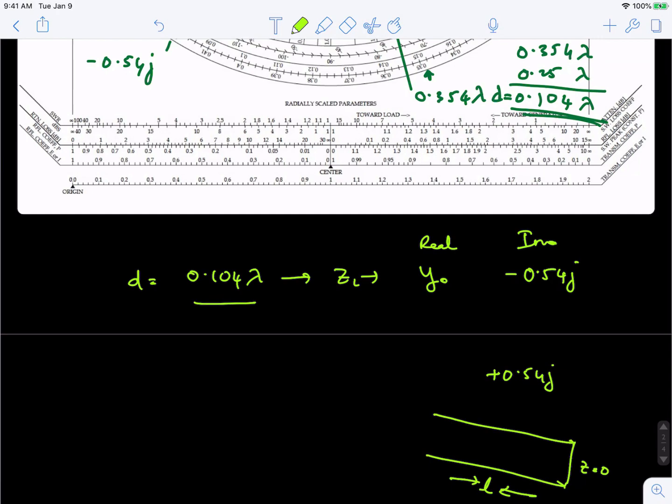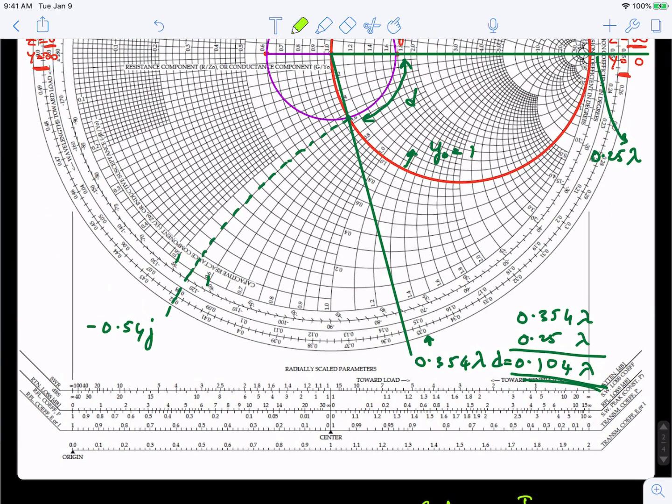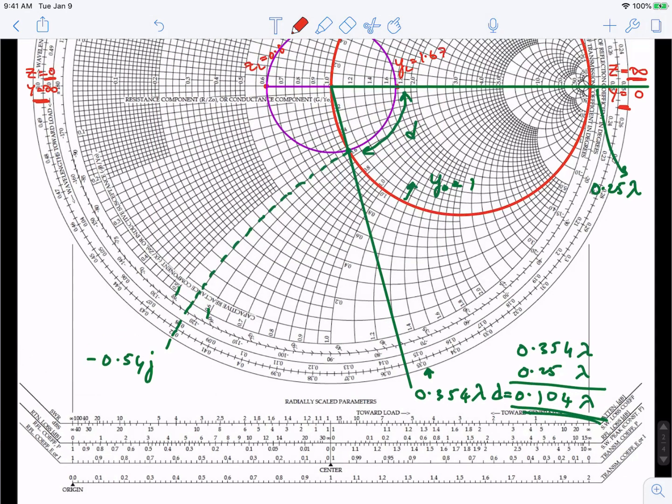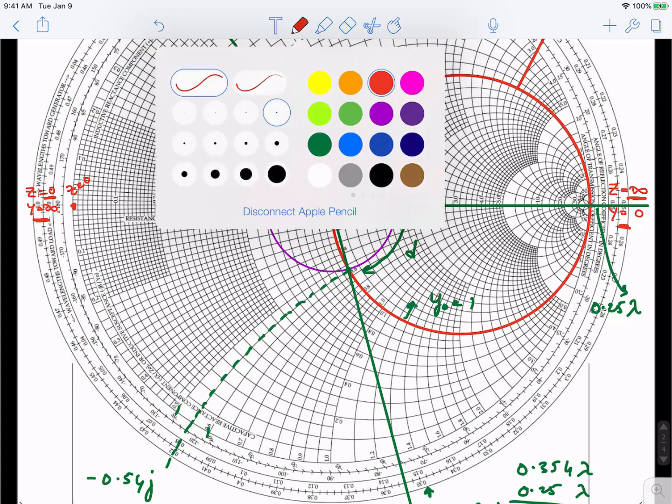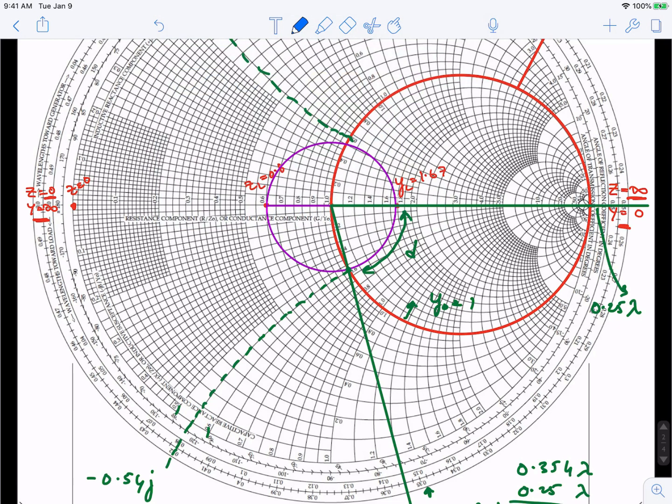So let's first identify what z equal to 0 is. We know that z equal to 0 is here, so let's mark the point here. Okay, so this is z equal to 0 for the second circuit. Now as shown earlier, we will go ahead and mark this point and convert it into an admittance.